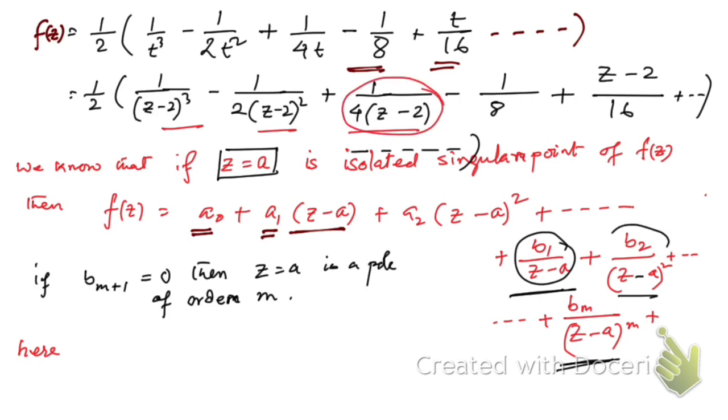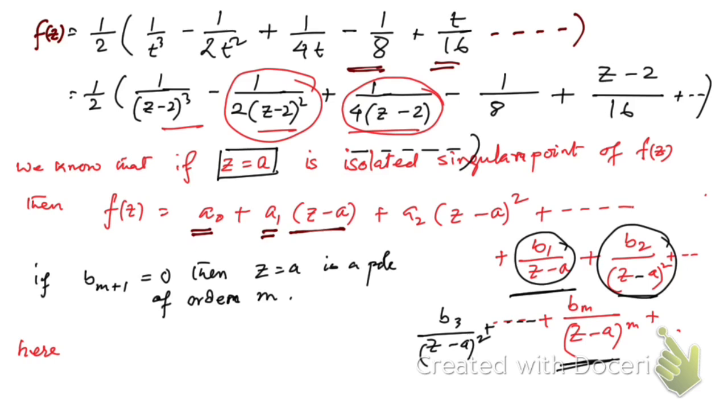Then this one should be considered as this, and this and so on. Now this term should be compared with the next term, that is, here it is b2, the next term will be b3 by z minus a whole square plus dot dot dot.